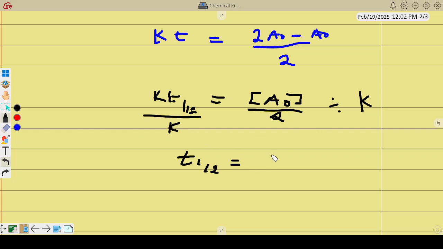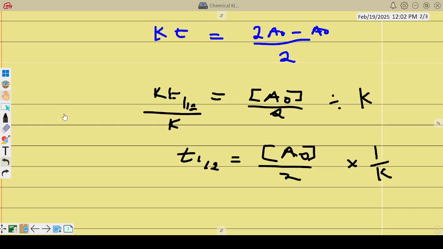So this will be A naught over 2 times 1 over k. Yeah, because here there's an imaginary 1.